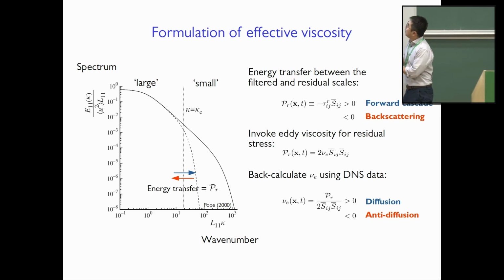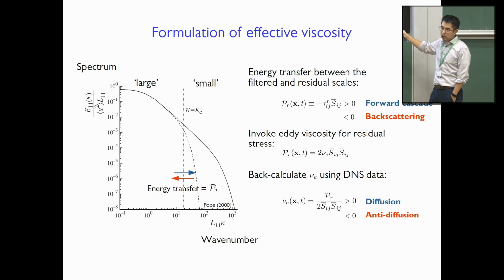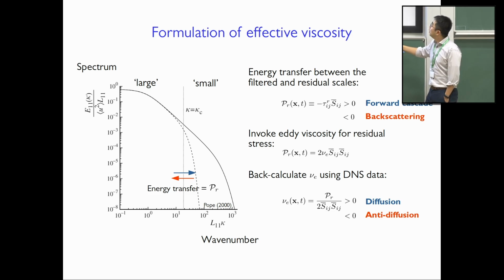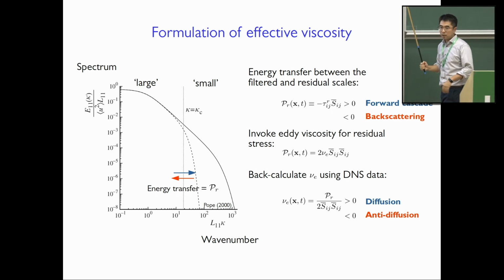It looks a lot like the shear production term in the TKE budget, but now I'm replacing that Reynolds stress with a residual stress that's due to the effect of the smaller scales.